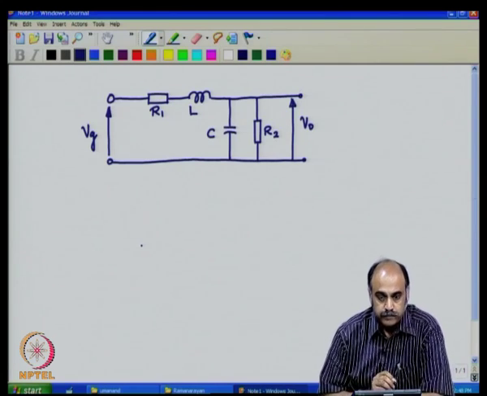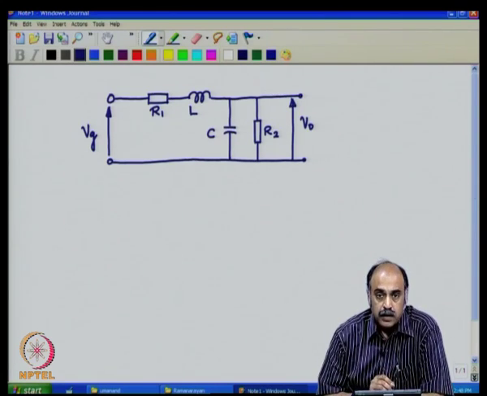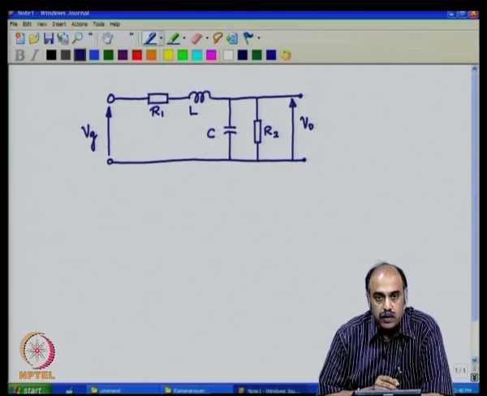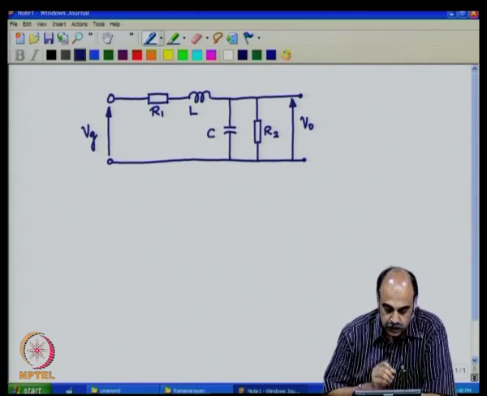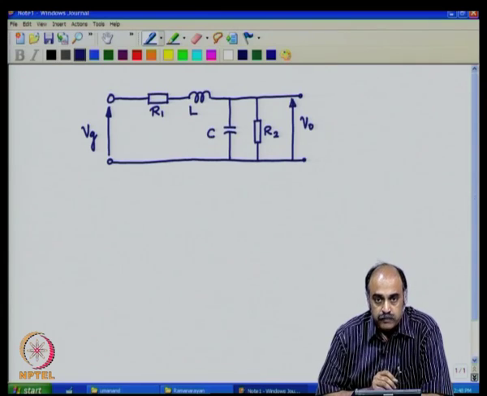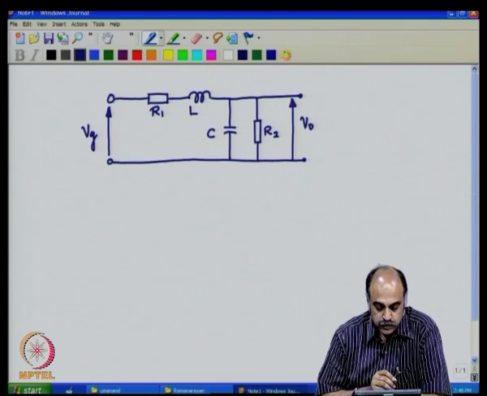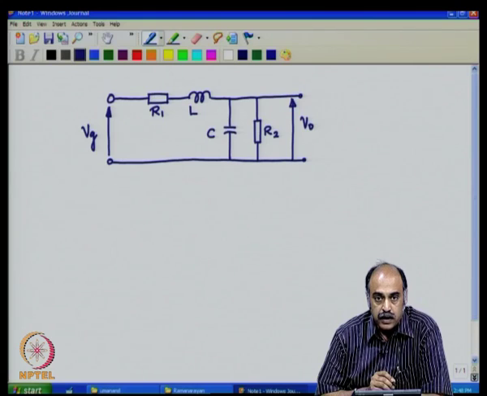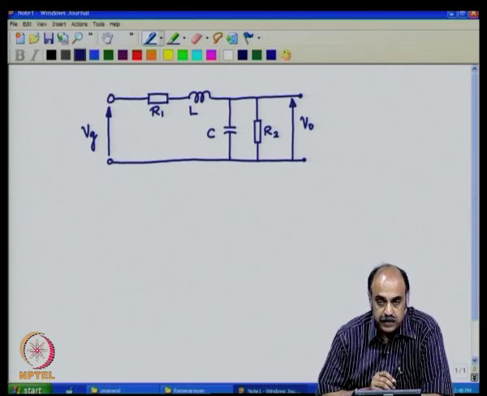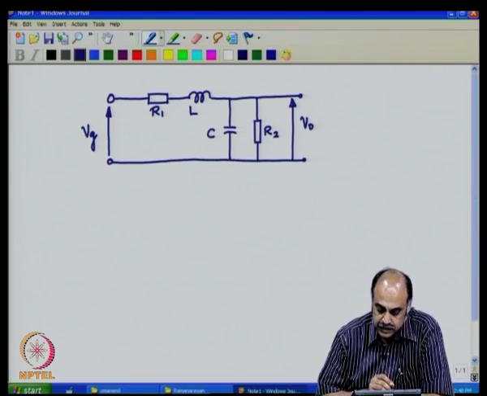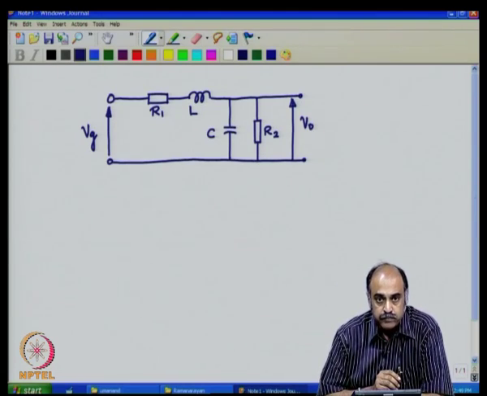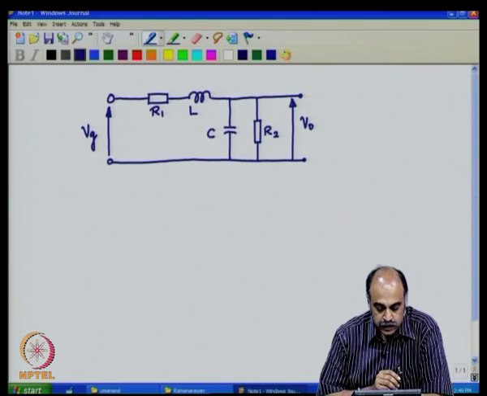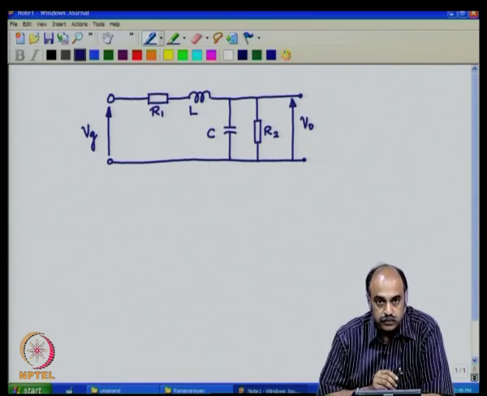Now, this circuit at the outset, looking at the number of energy storage elements, we see that we have the capacitor C as one energy storage element, storing energy as half C V square, where V is the voltage across the capacitance, and another energy storage element L, storing energy within it as half L I square by virtue of the current I flowing through the inductor.